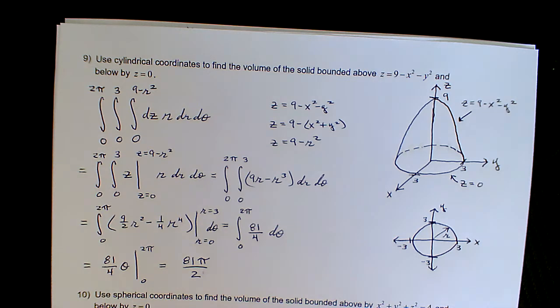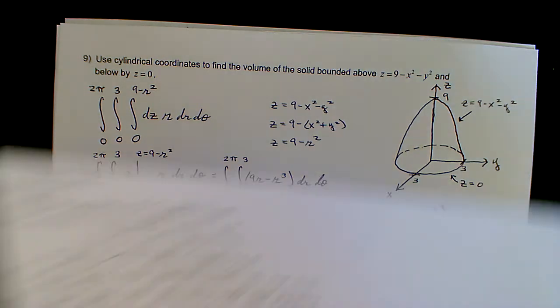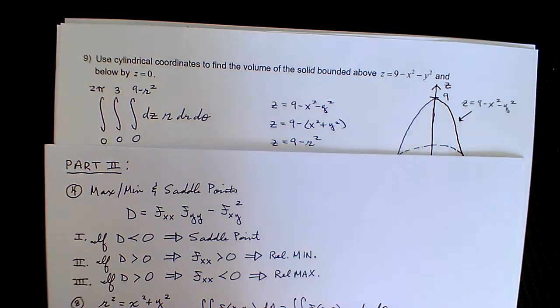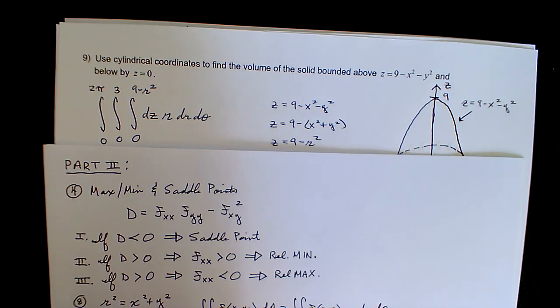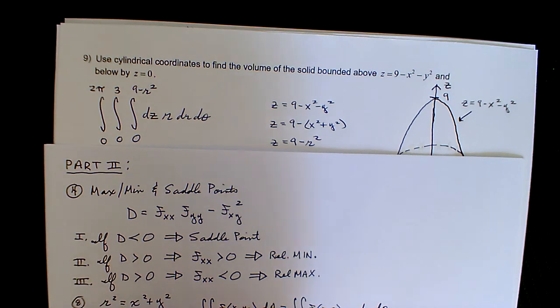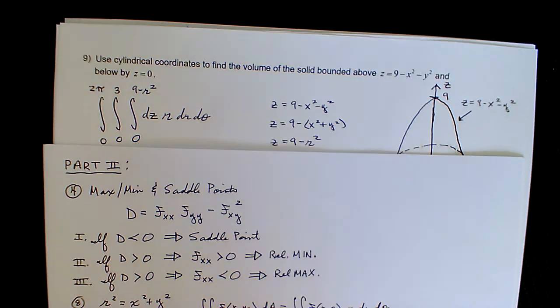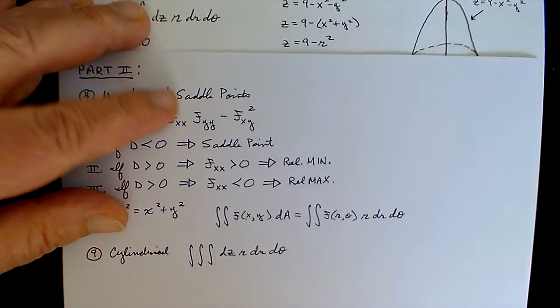So for cylindrical, the formula was the triple integral of dz times r dr d theta. I'm sorry, you couldn't see me write that.